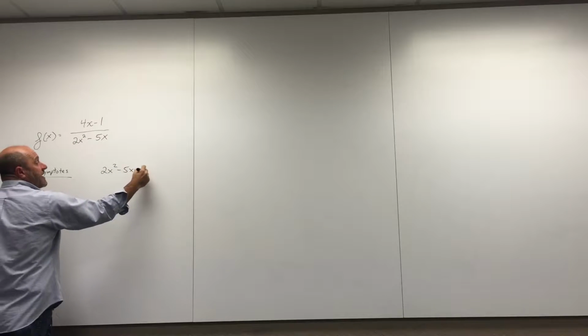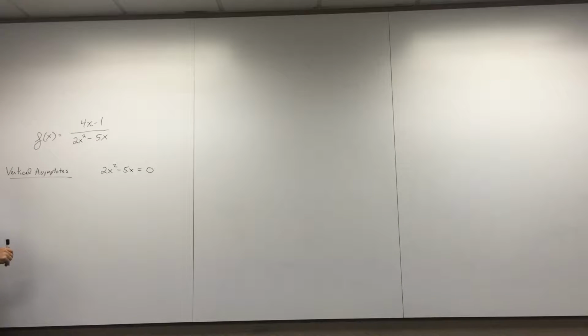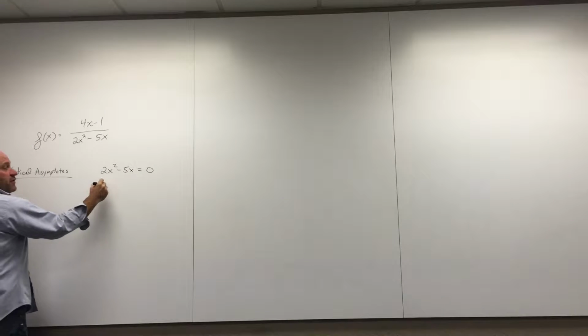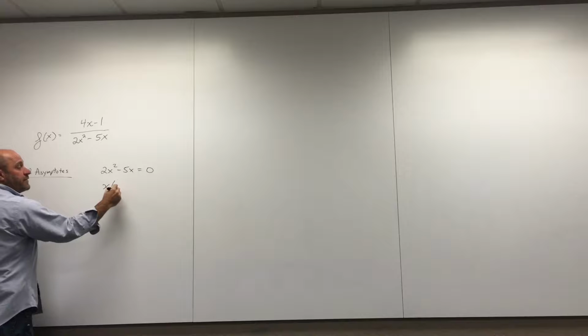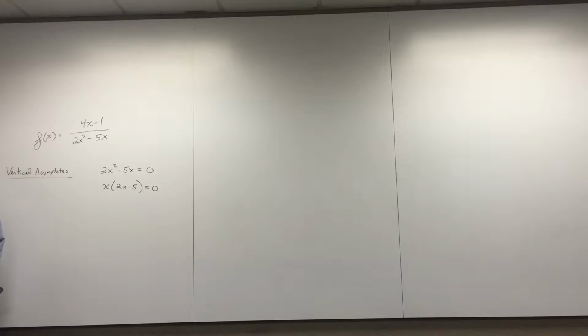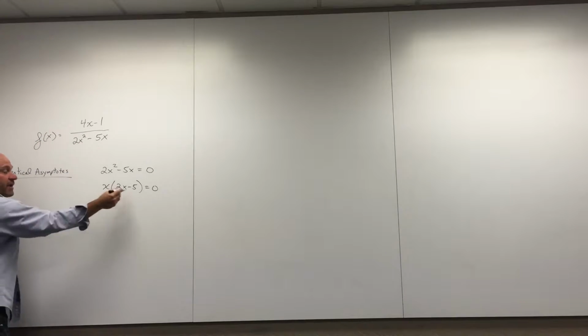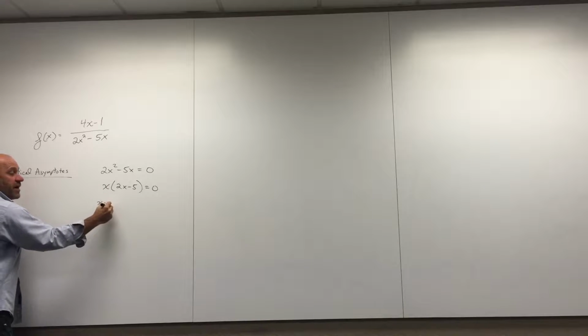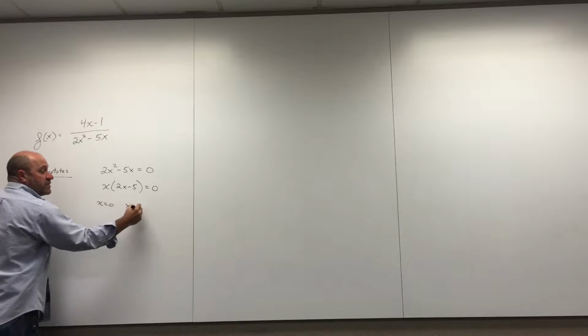When is it undefined? So you factor out an x, and you're left with 2x minus 5. By the way, a couple minutes ago, that x would have canceled, and that would have been a hole. So now I don't have that. Now I think I've got two places: x equals 0, and x equals 5/2.